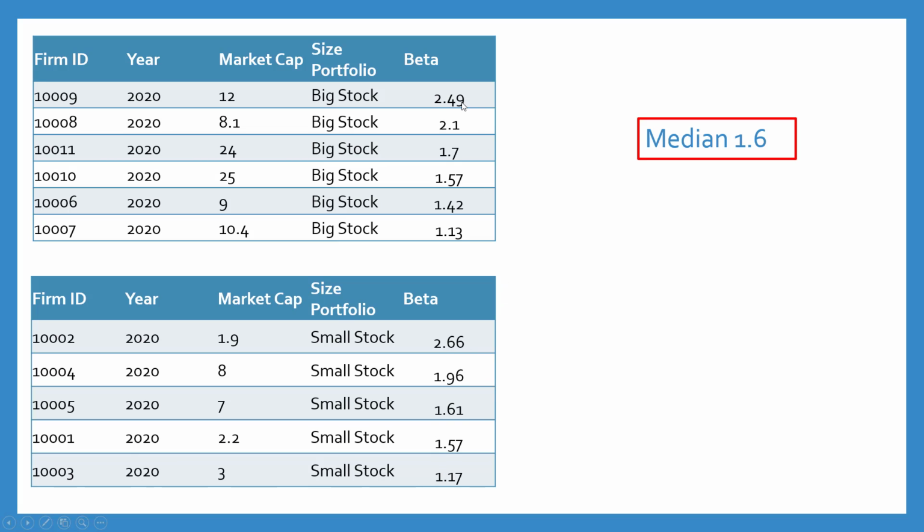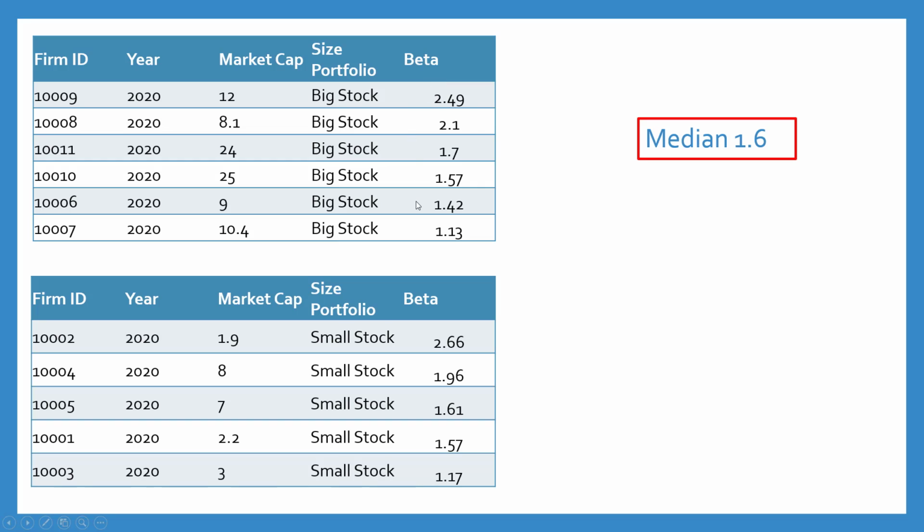So we are sorting the stocks on the basis of beta for each size separately, which means that the first sort does matter.